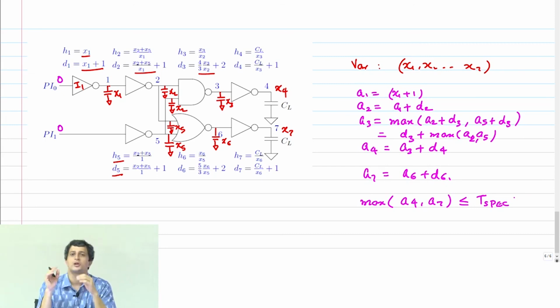Now typically you don't try to minimize the delay of a circuit because you are given a timing spec. If you try to minimize the delay, you will make the circuit much faster than the spec but end up burning more power or more area. So therefore I am going to set up my optimization problem to be the following. I will minimize summation xk.